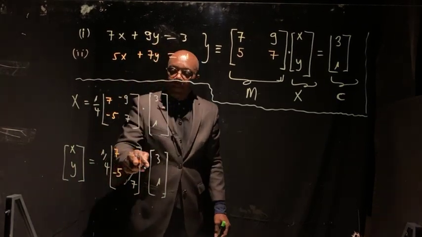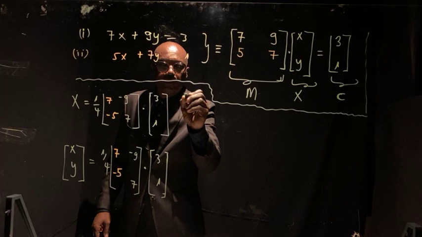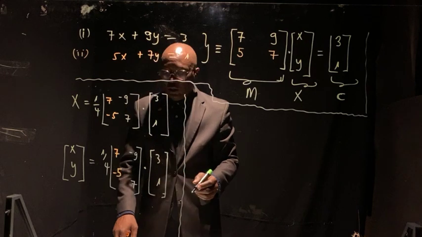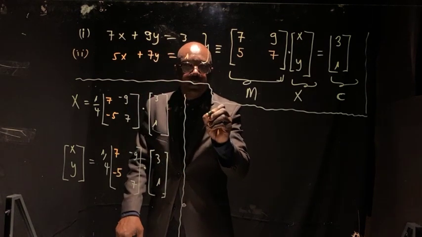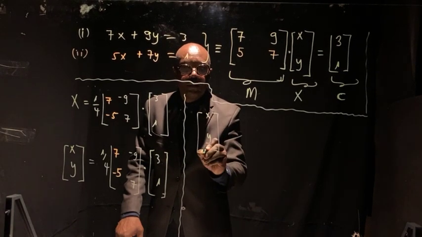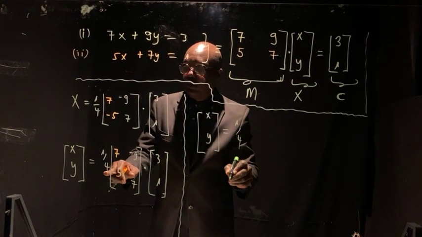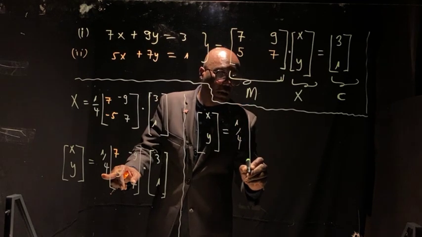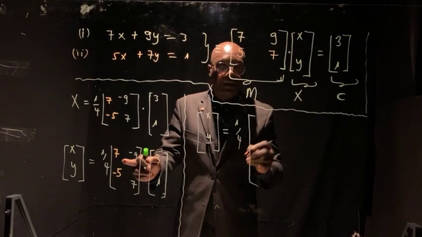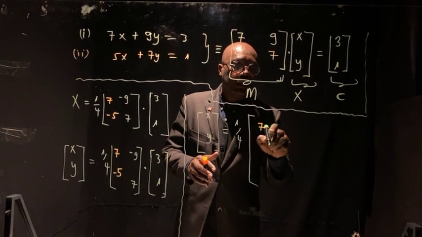If you have this equation, honestly, it's not different from x, y, which is this one, equal to 1 over 4, and then you have here this one, you have 7, and you have minus 9.